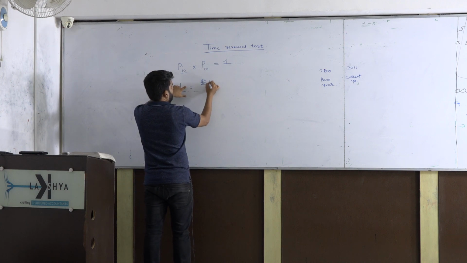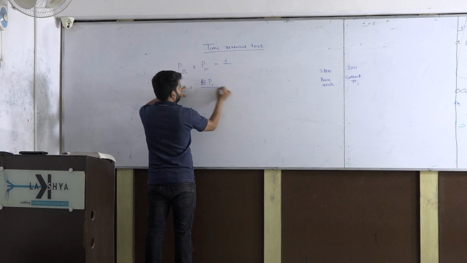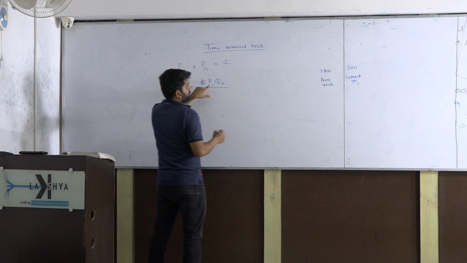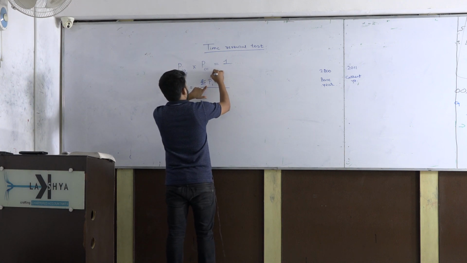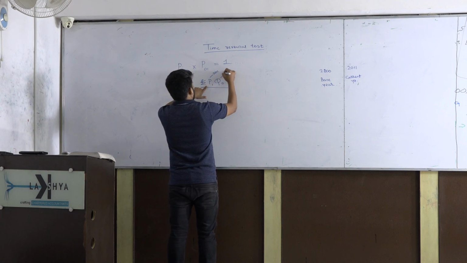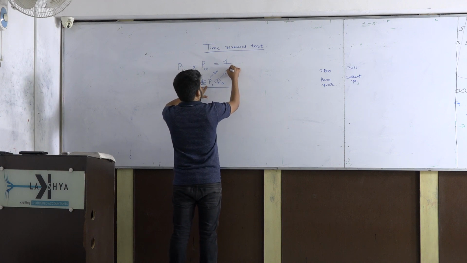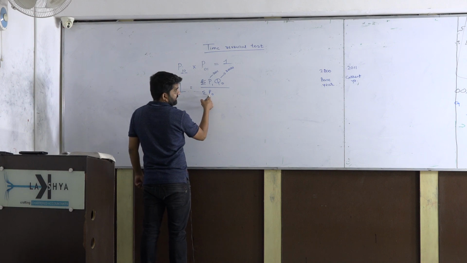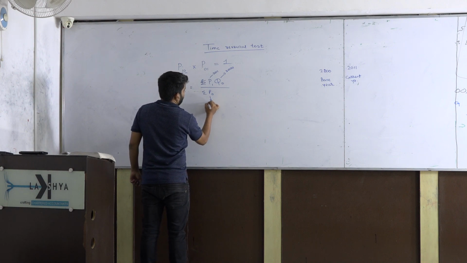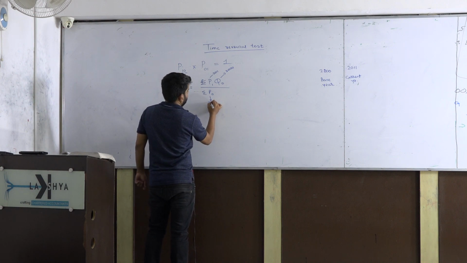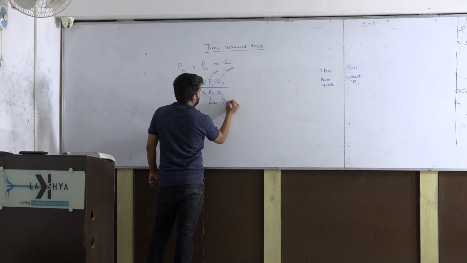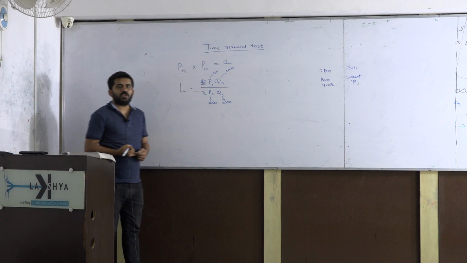Sigma price of current year, quantity of base year. So sigma P1 Q0, price of 2011 and quantity of 2000, divided by sigma P0 Q0, price of 2000 and quantity of 2000. This is what Laspeyres says.